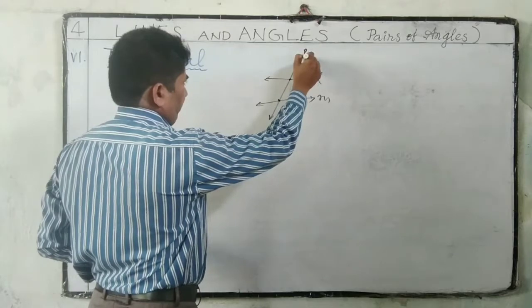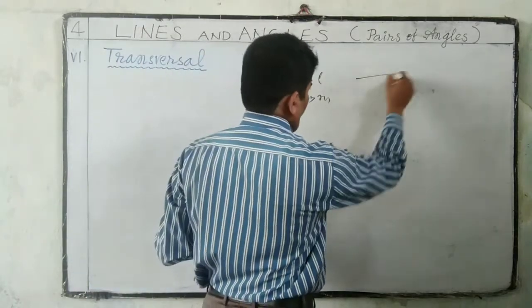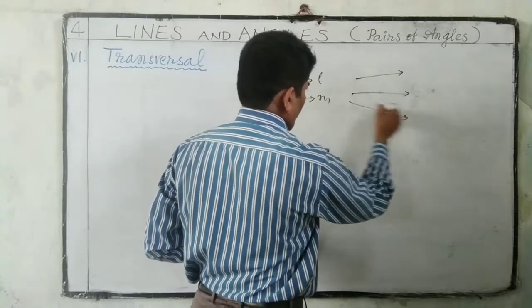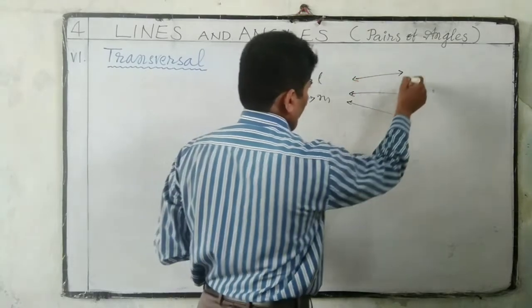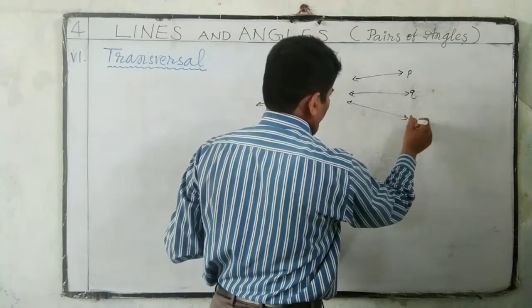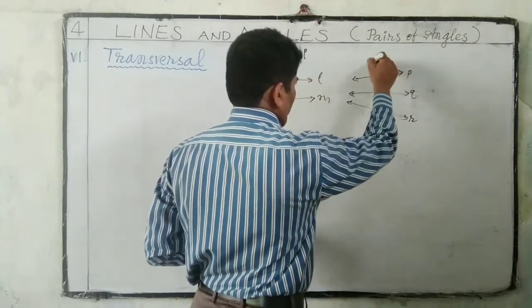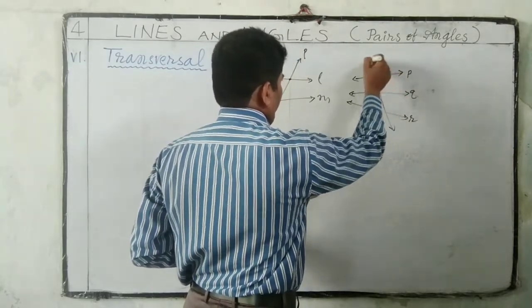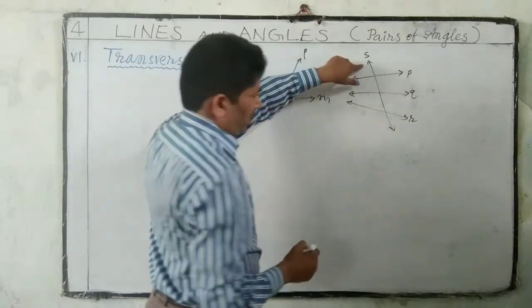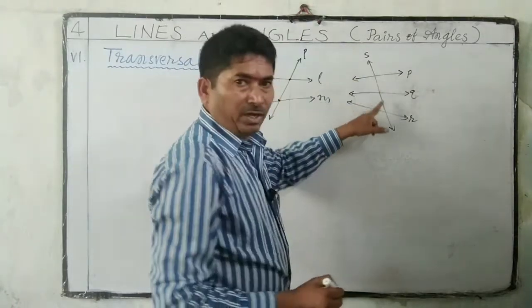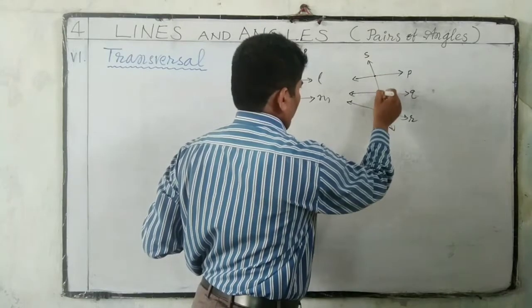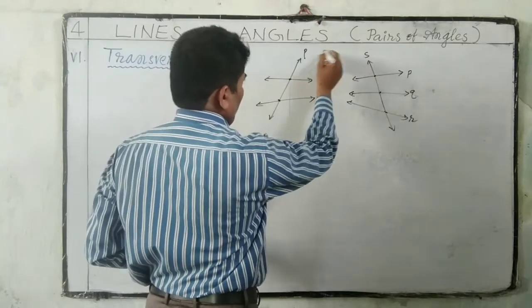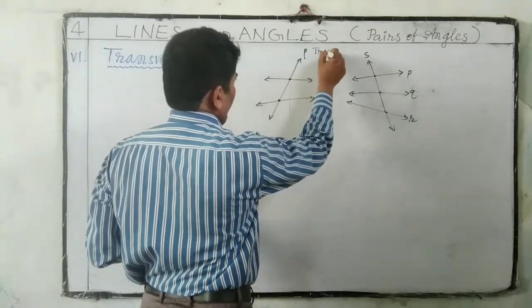This is P. Here we have 3 lines, PQR. This is S intersecting in distinct points. So these two are also called transversals.